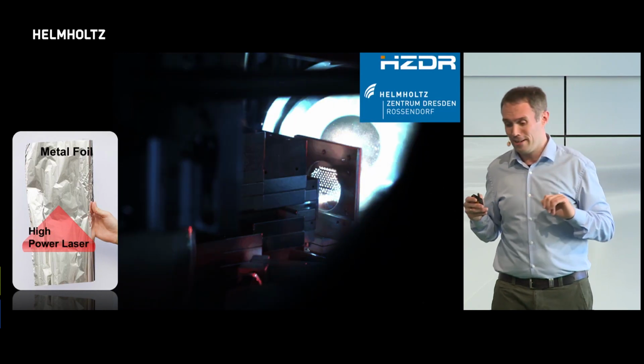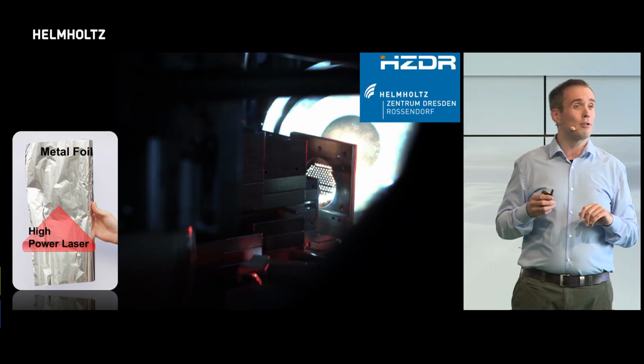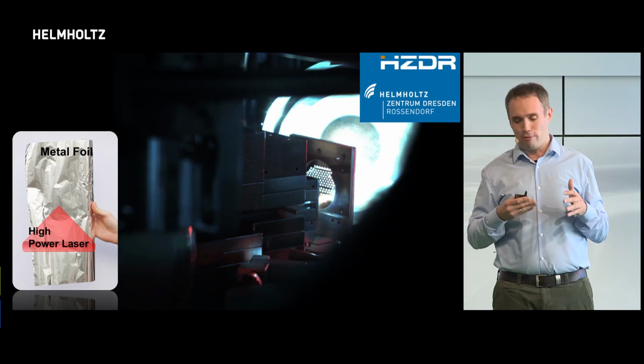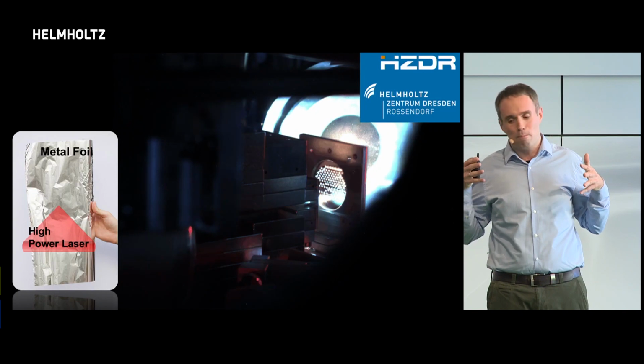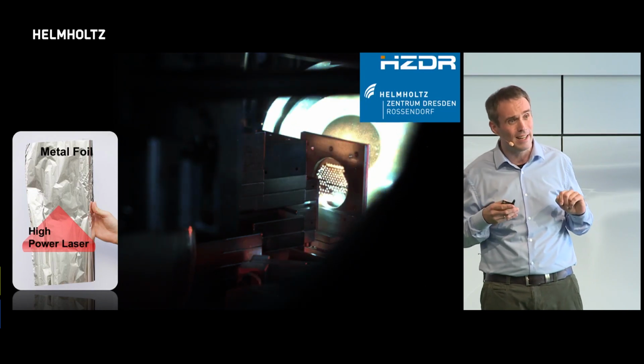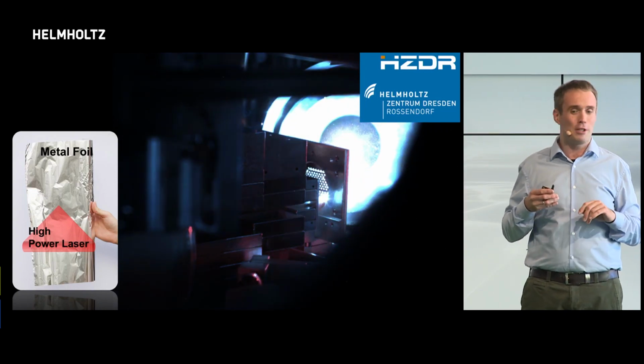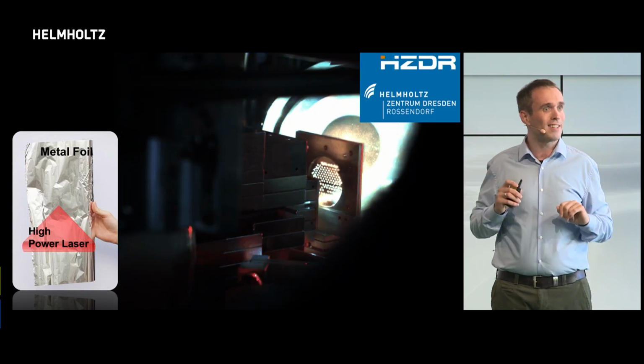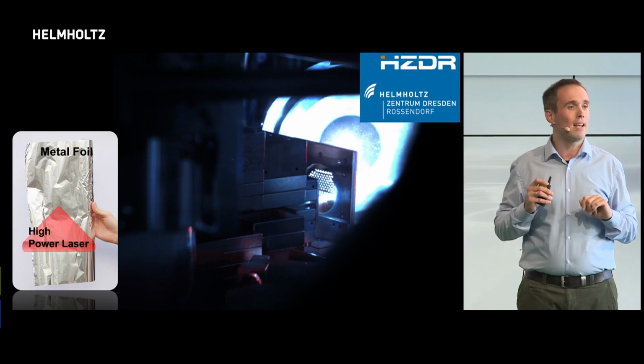This is nice. But what it basically shows you in a very schematic way is a small aluminum foil and a high-power laser pointing on it. You don't actually see the laser because it's invisible to the human eye here. And what you see here is a live demonstration, basically, of how these accelerators work.